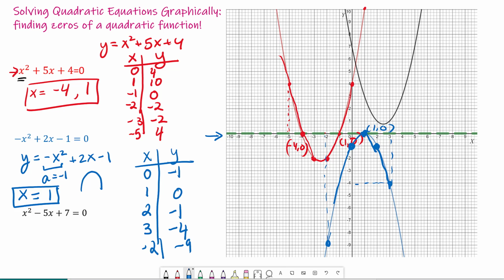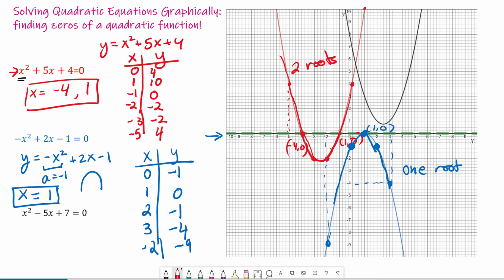We also call the solutions of a quadratic equation roots. So we have one root here. And in the previous example, we had two roots. We had two solutions, right? Because the parabola actually crossed and went below the line here.